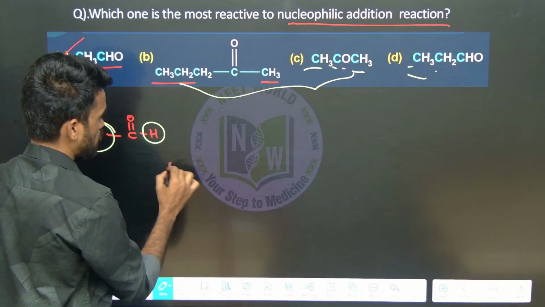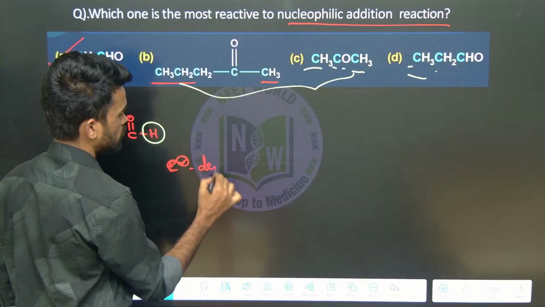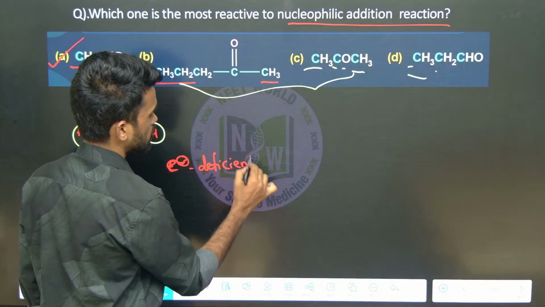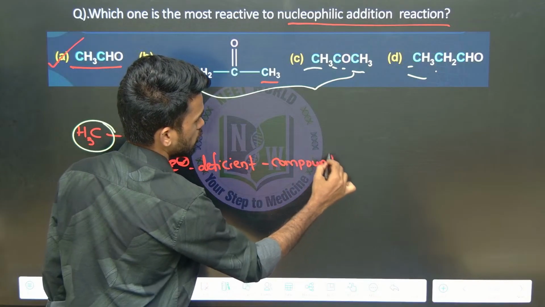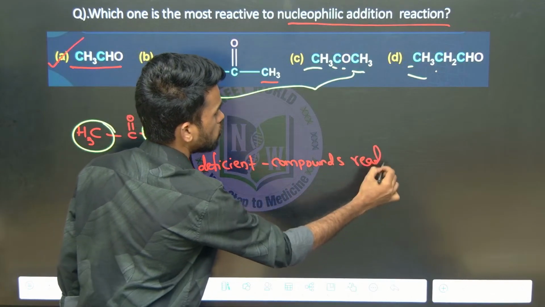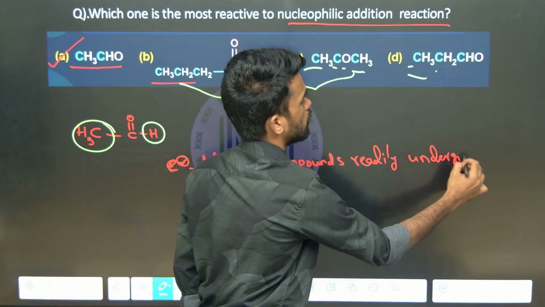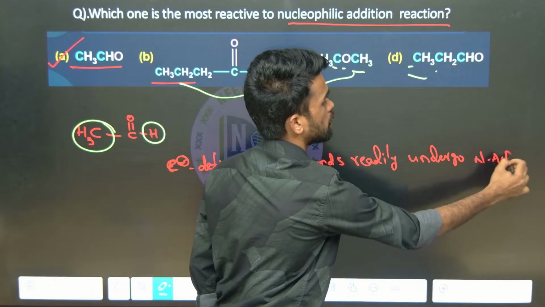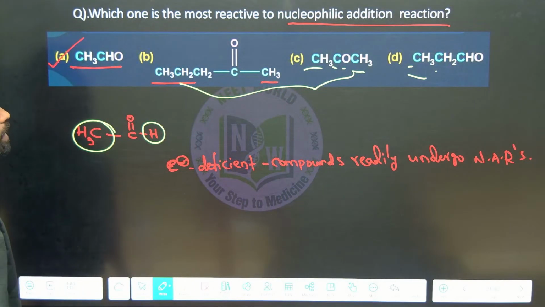Okay. So electron deficient compounds readily undergo nucleophilic addition reactions.